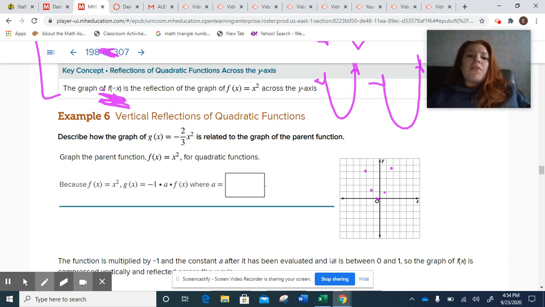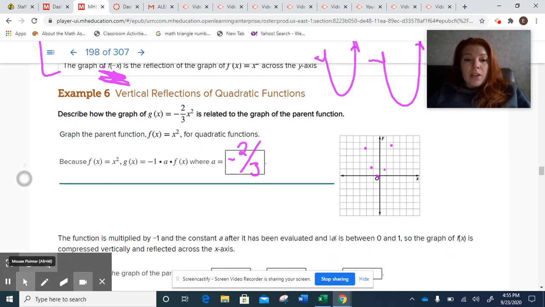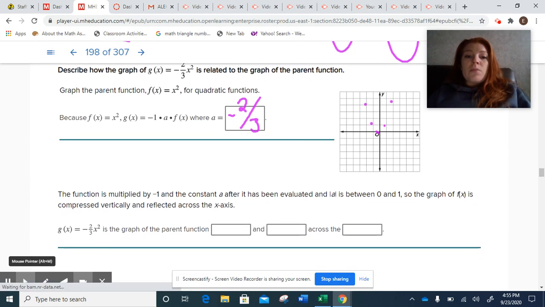It says f of x equals x squared and g of x equals negative a f of x, where a is negative 2/3. And it gives you some hints down here. So we said the function is multiplied by -1.